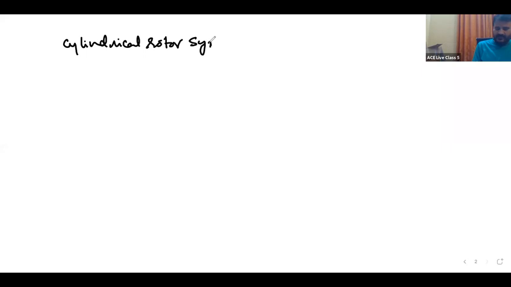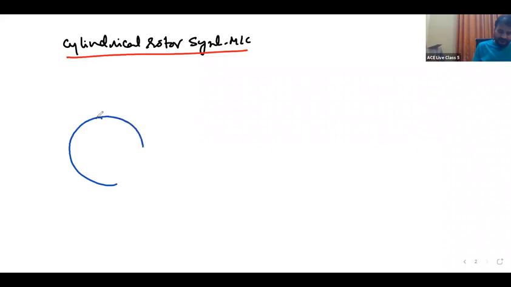Cylindrical rotor synchronous machine. In a cylindrical rotor synchronous machine, the air gap is uniform.